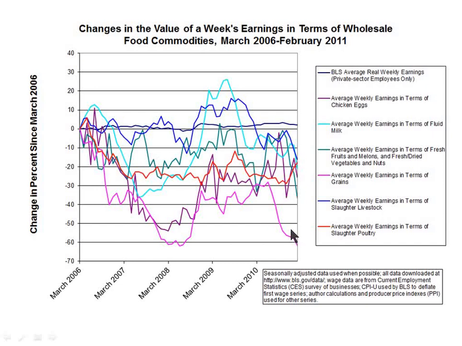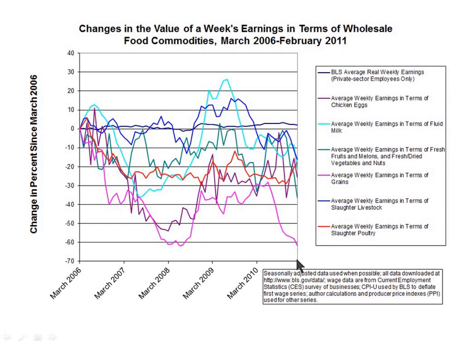So in this case, when the microphone opens, just make sure you talk anything. You can say the first sentence according to our format. The line graph shows changes in the value of weekly earnings in terms of wholesale food commodities from March 2006 to February 2011. In case of average weekly earnings in terms of fluid milk, in March 2009 it was maximum. On the other hand, in March 2008, the changes in average weekly earnings in terms of grains was minimum.